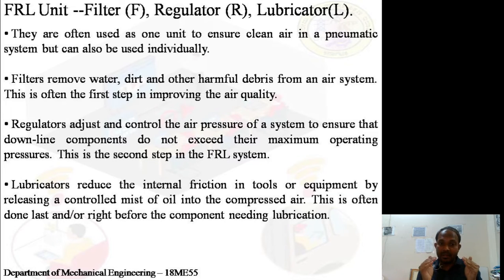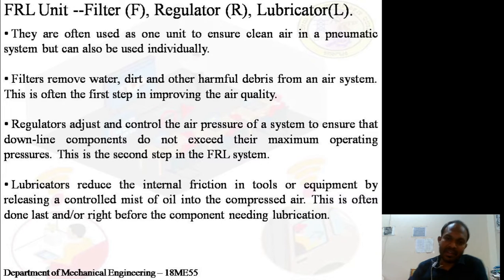The regulator is the one which maintains the pressure. It is something like this: the filter is nothing but like our nose. It will not allow foreign particles to enter our lungs, whereas the regulator is like our inside body which regulates the pressure of our blood. Is that clear? Now the third one is a lubricator.